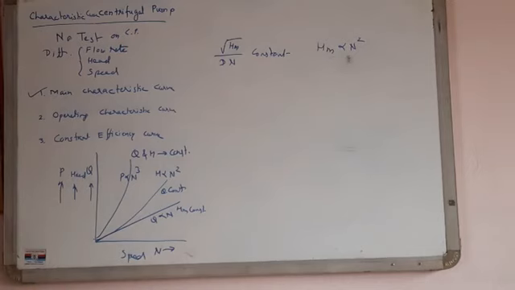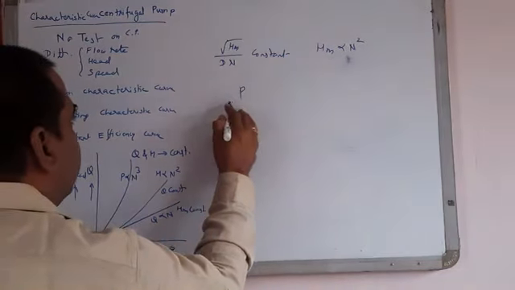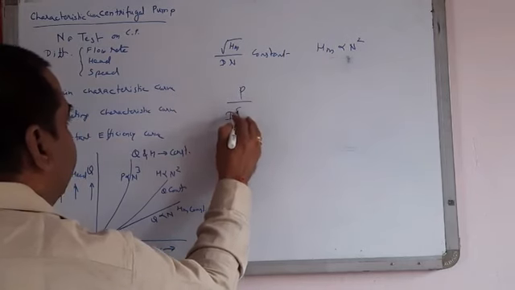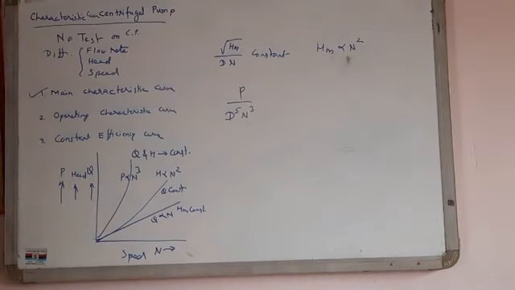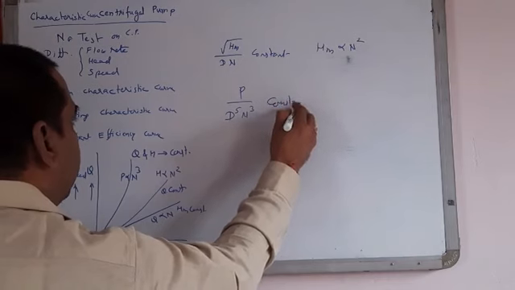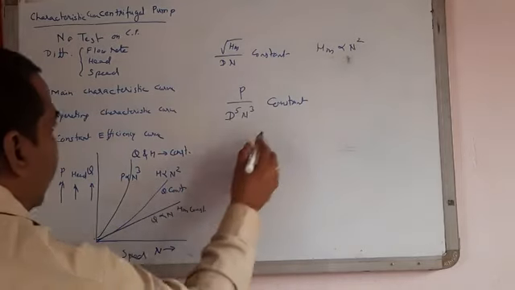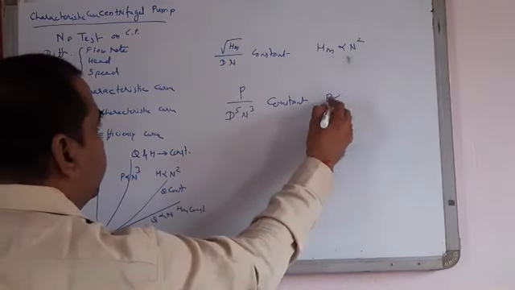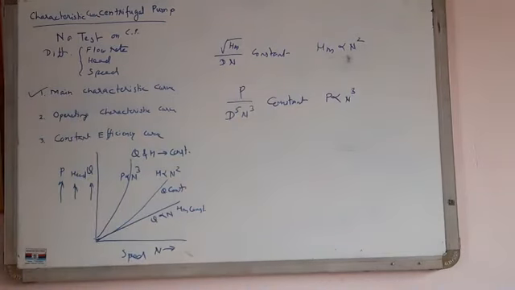Then it is clear from P by D to the power 5 N cube equal to constant that P is proportional to N cube.